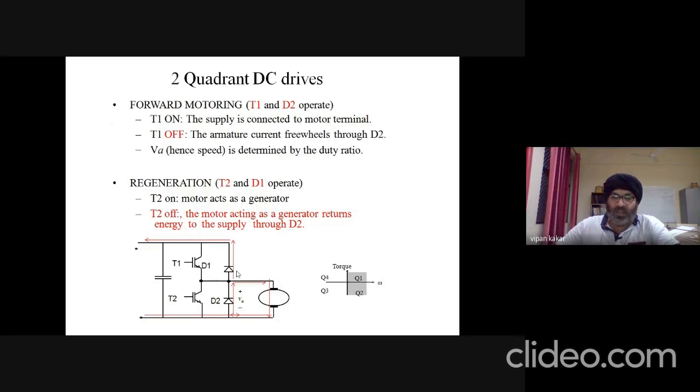So now this energy is being fed back into the battery, or into the input, through the diode. So this motor is now regenerating, or in other words, it is acting as a generator. So it means quadrant 2, Q2 of operation, will regenerate the energy back into the supply, back into the input voltage.